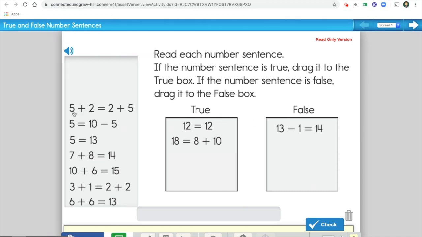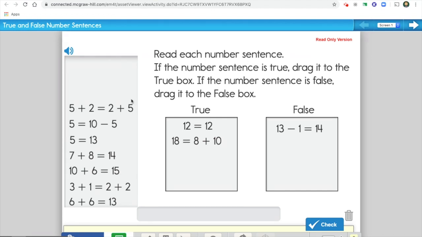Ooh, next one. I'm noticing that there's actually 4 numbers and 3 symbols in this equation. But I'm going to remember again, when checking for true and false, to compare everything on one side to everything on the other side. So 5 plus 2. Let's use count on for that one. 5 plus 2. 6, 7. 7.